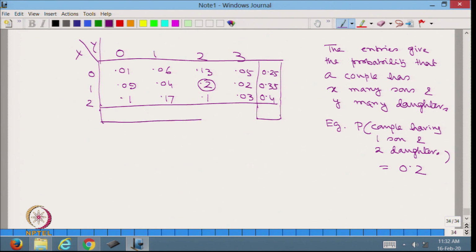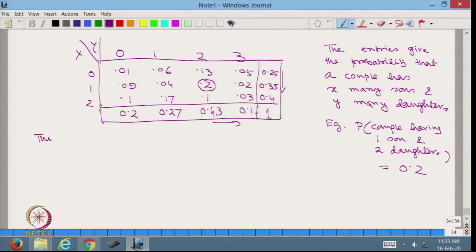And if we add the columns, this gives us 0.2, this gives 0.27, this gives 0.43 and this gives 0.1. Now, if we add these row values and if we add these column values, both will give us 1.